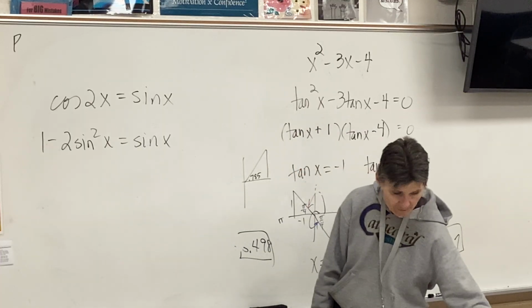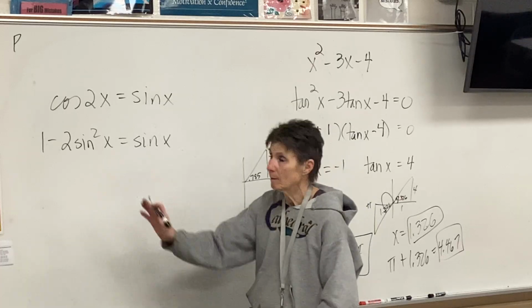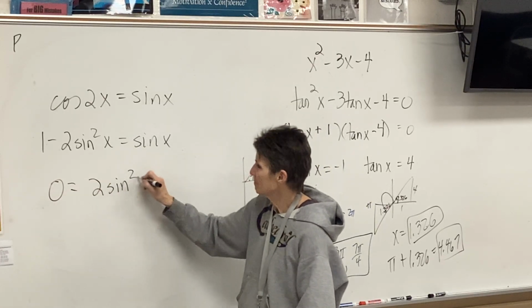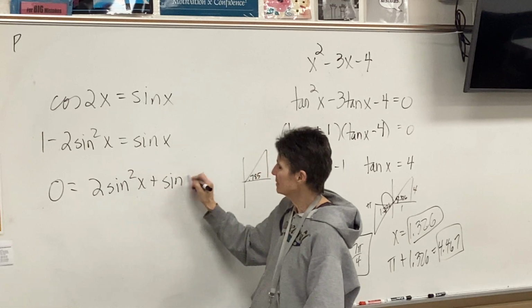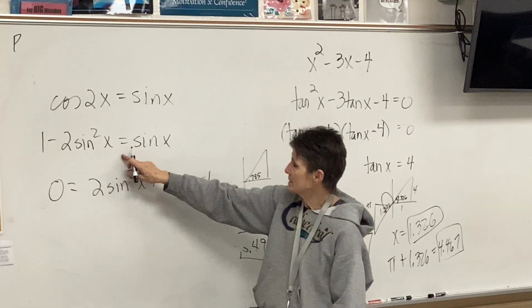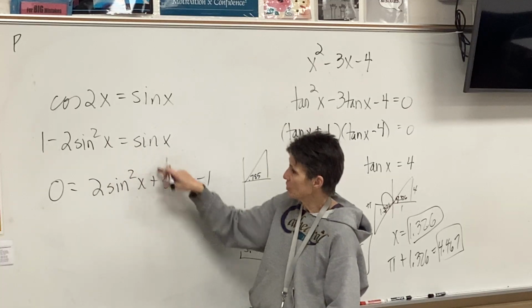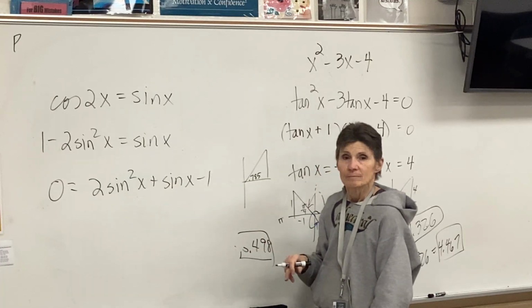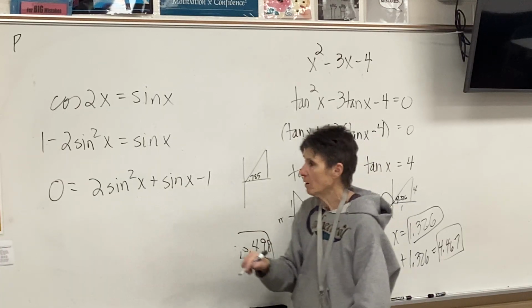Same thing we did before. We are going to move everything over and get 0. So 2 sine squared plus sine minus 1. I'm adding 2 sine squared, that's already there, and I'm subtracting 1. All right?